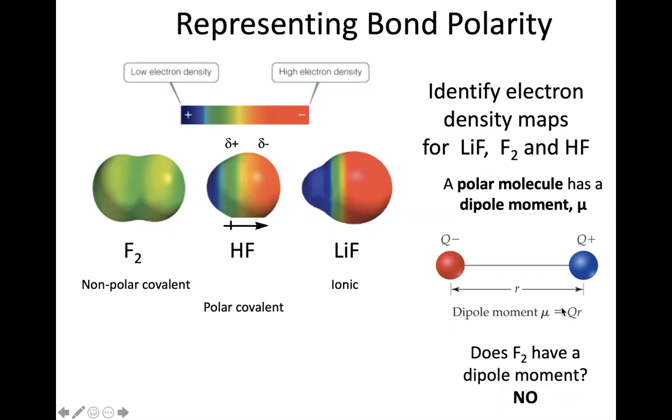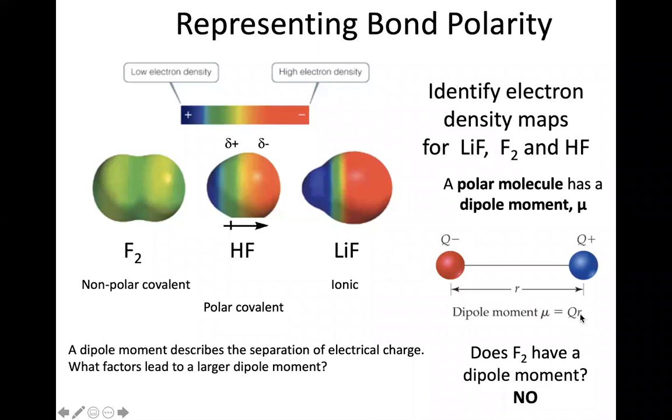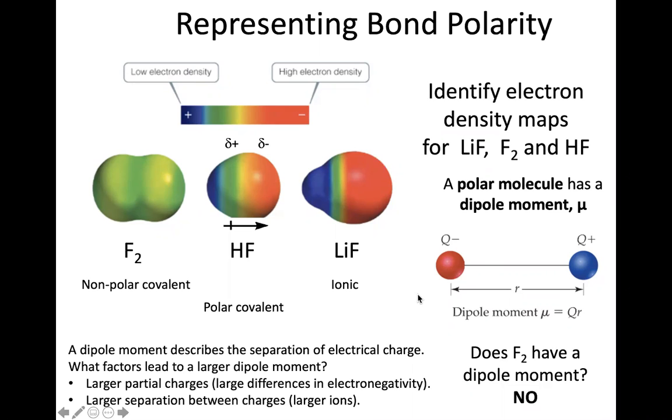It has to do with the charges, that's Q, and the distance that they're apart, R. I'm sure you're not going to have to do a calculation involving a dipole moment, but this is what gives rise to a dipole moment. A dipole moment would be larger if the charge separation is greater or if those charges are further apart. Qualitatively, that's what gives rise to a larger dipole moment.